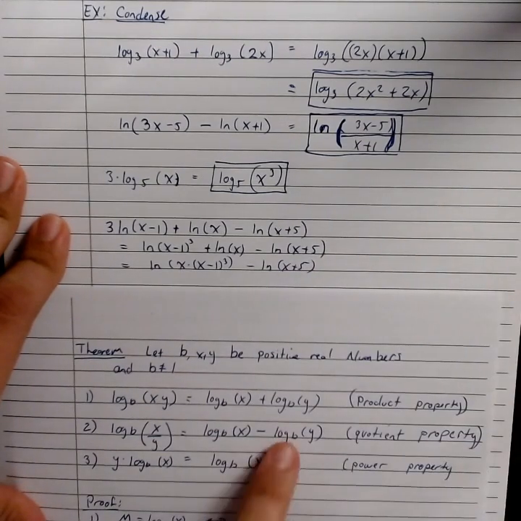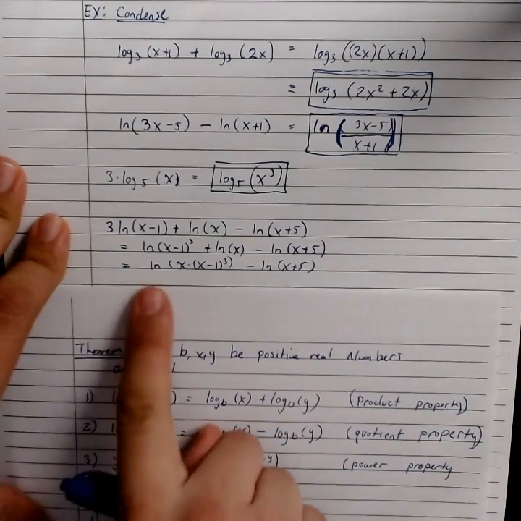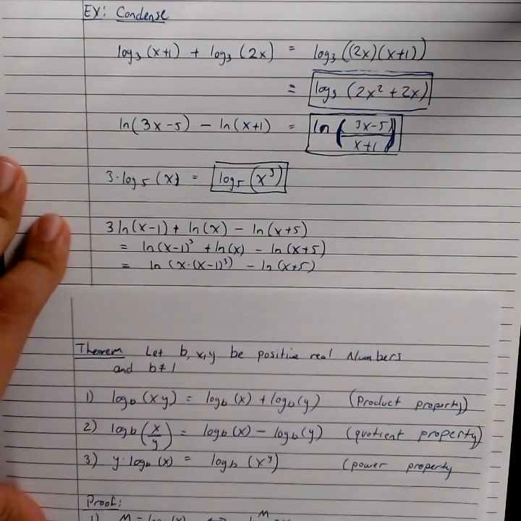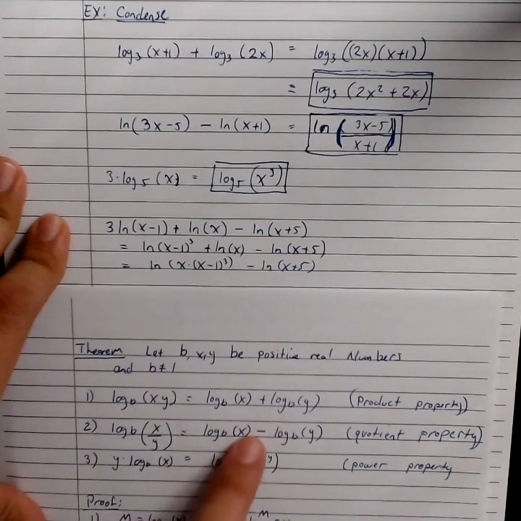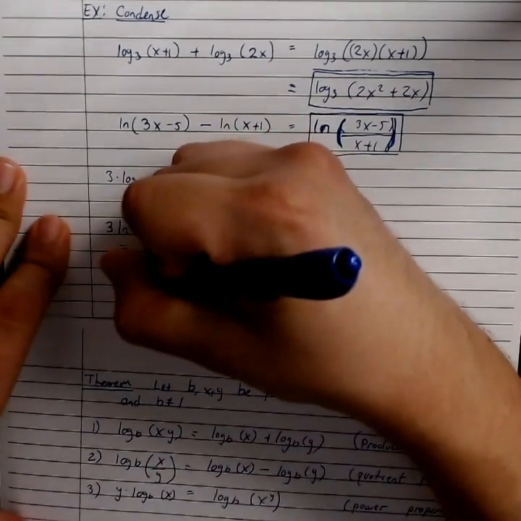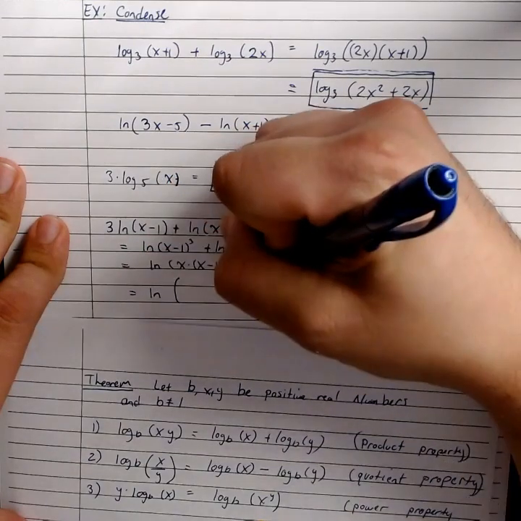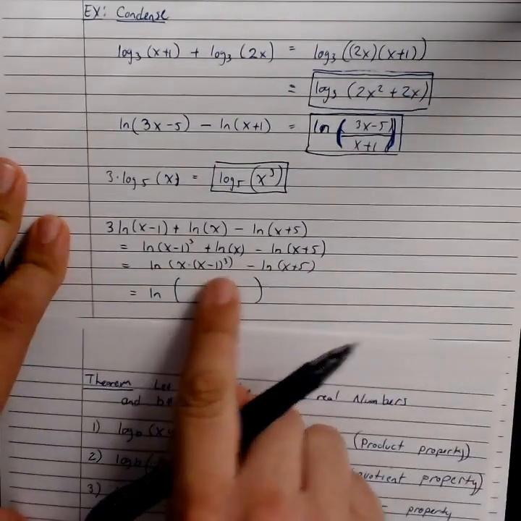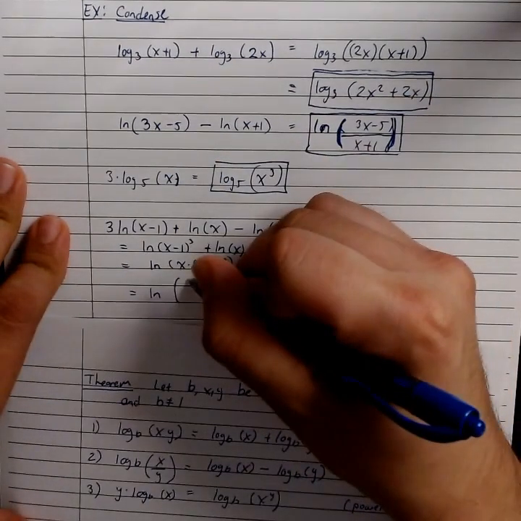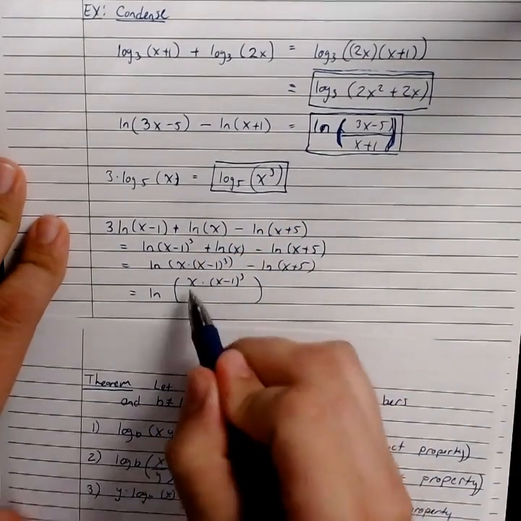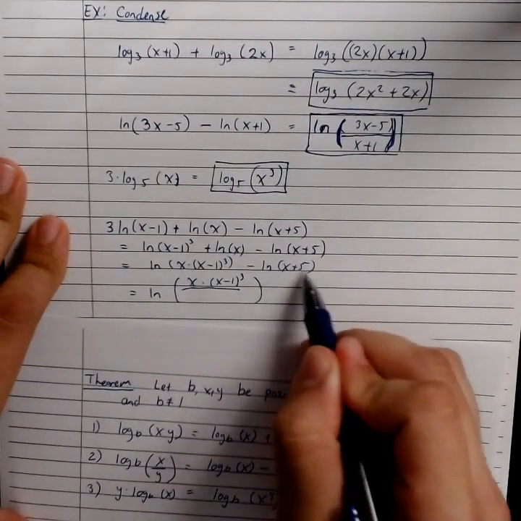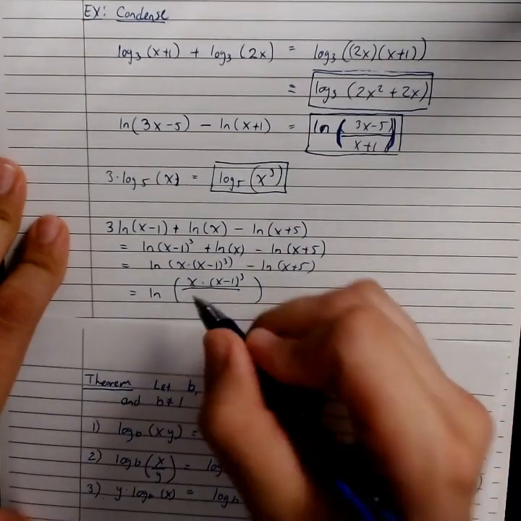But now, if I'm subtracting, well, these do have the same base. They're both natural logarithms. That means I can now write those two logarithms as a single logarithm with these two arguments divided into each other. So, in the end, this will give me the natural log of, I'm going to take the argument of the first logarithm and treat that as my numerator, x times x minus 1 to the third power, divided by, and here that's going to be x plus 5 in my denominator.